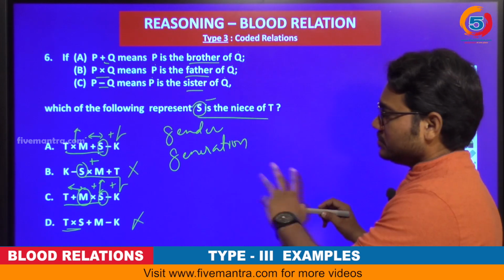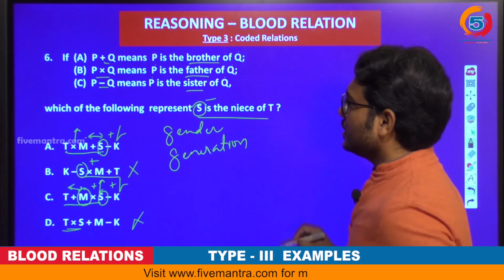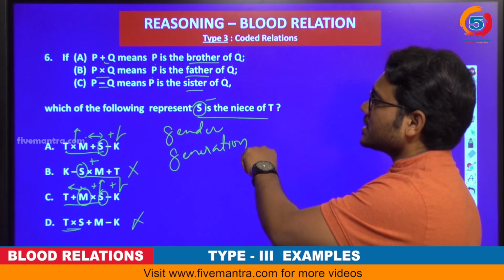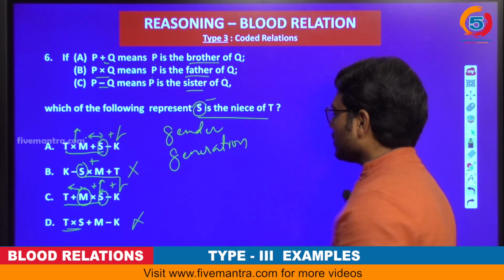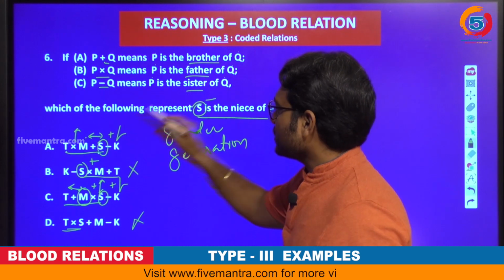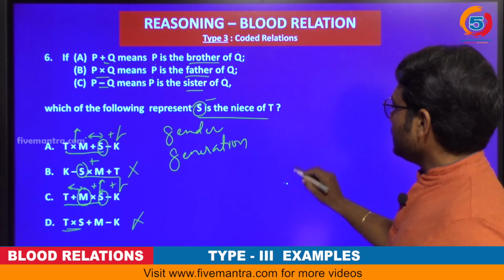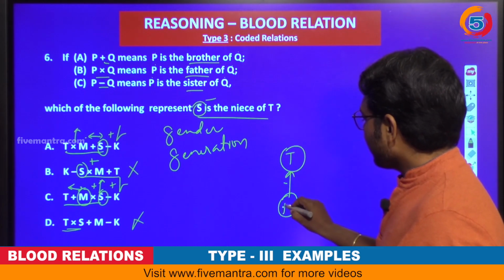Suppose I draw this. T cross M, what does that indicate? T is the father of M.